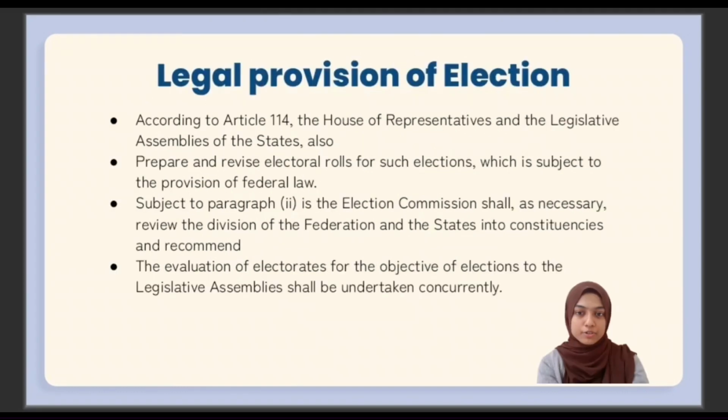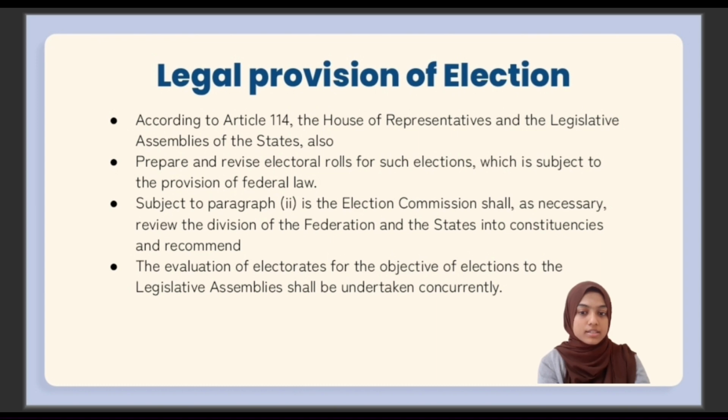As for the legal provision of election, according to Article 114, we shall conduct elections to the House of Representatives and the legislative assemblies of the states, as well as prepare and revise electoral rolls for such elections, subject to the provisions of federal law.